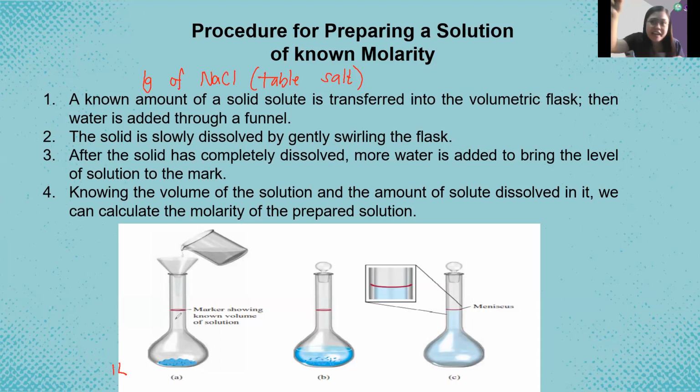Marami siyang linya. So meron siyang linya for 1 ml, for example, and then for 2 ml and so on. But here you have a long neck flask but may isang graduation lang talaga siya. Kung para siya sa 1 liter, ang linya na yan ay mag-i-indicate na you have a 1 liter solution already. Okay?